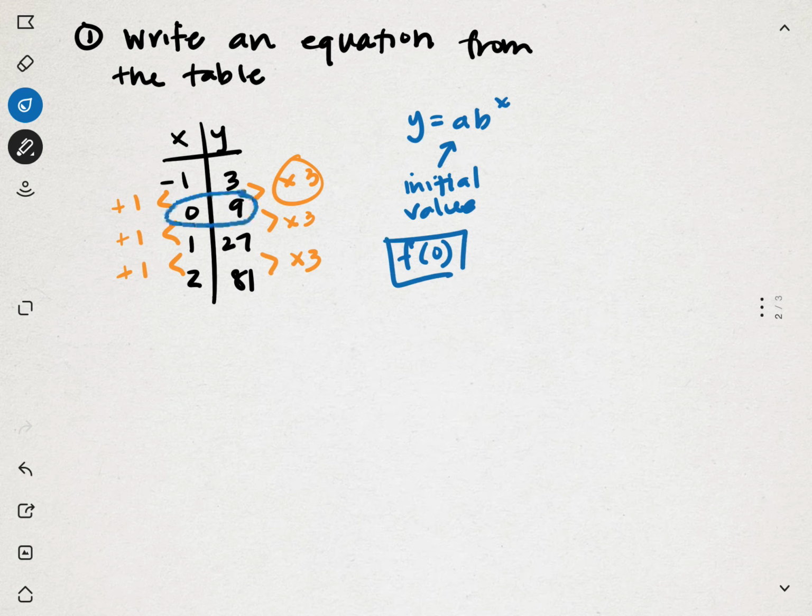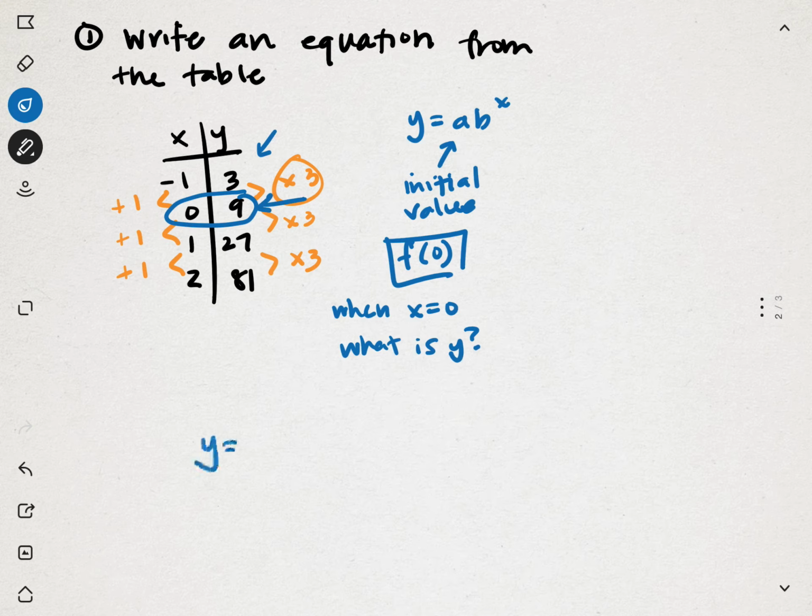It's easy to forget and think, oh, let's just start at the very beginning. That must be the initial value. But no, we're looking for the f of 0, meaning when x is 0, what is y? So in this case, we see that our y is 9. So that would be our initial value.